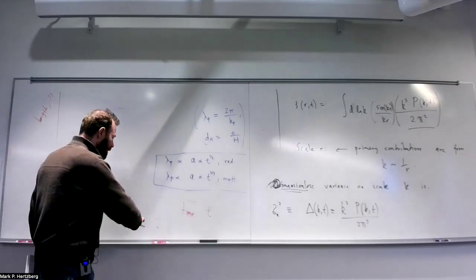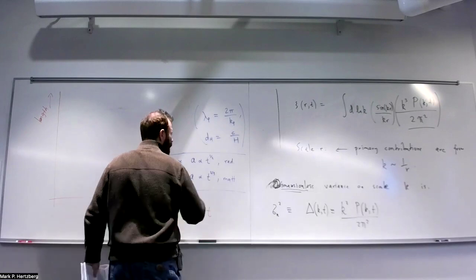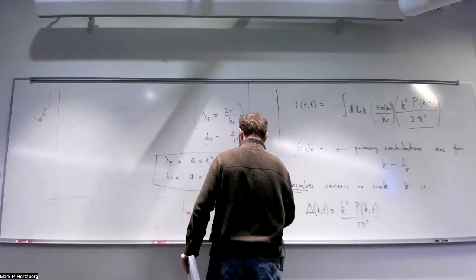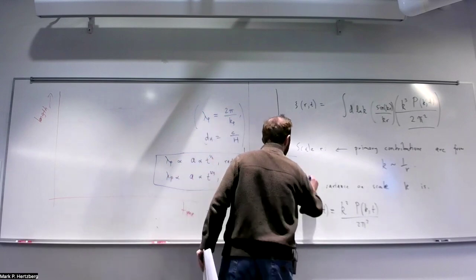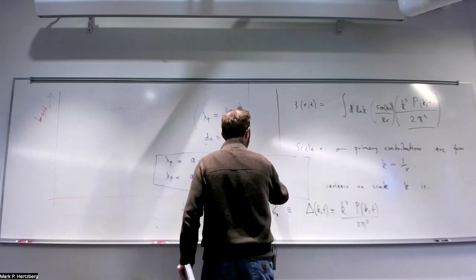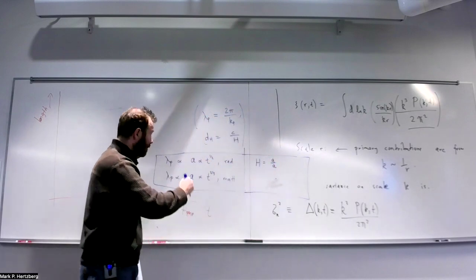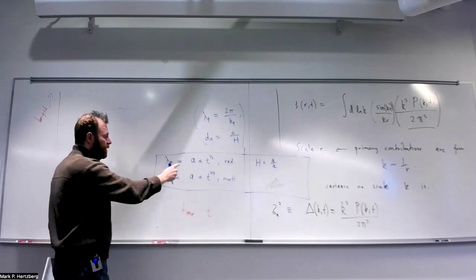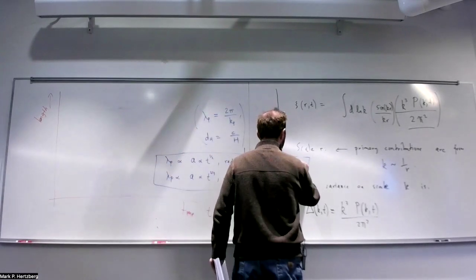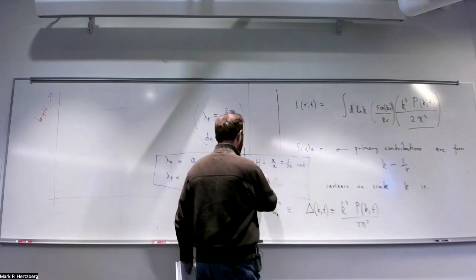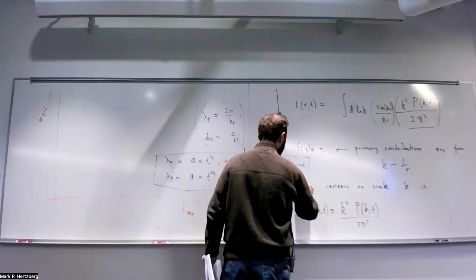Now, I also want to add Hubble to this. Let's squeeze it in here maybe. Hubble is A dot over A. So Hubble is 1 over 2t in the radiation era, and Hubble is 2 over 3t in the matter era.